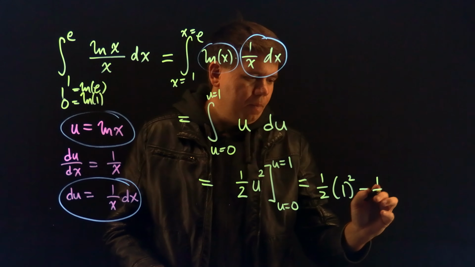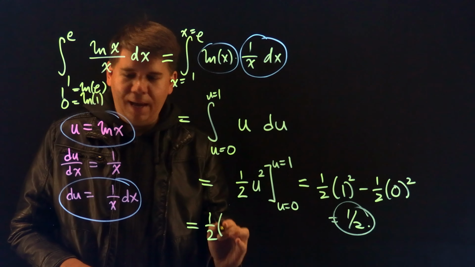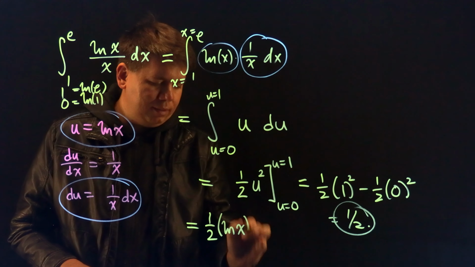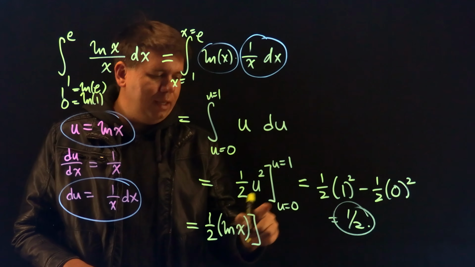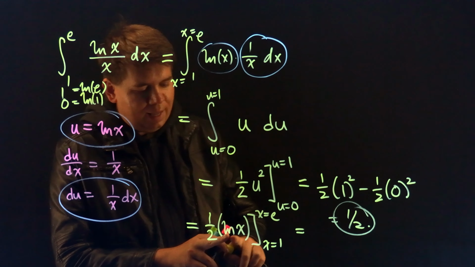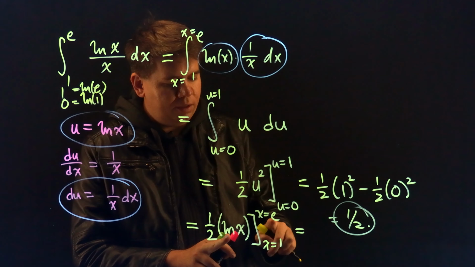Alternatively, what I could have done instead is change this back into x. I could have made this back into ln of x. But then I would have to plug in not the u bounds, but the original x bounds. x goes from 1 to e. Of course, when you do that, you get the exact same thing. Because what is ln of e?